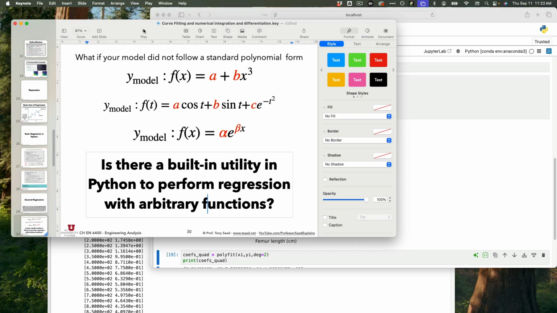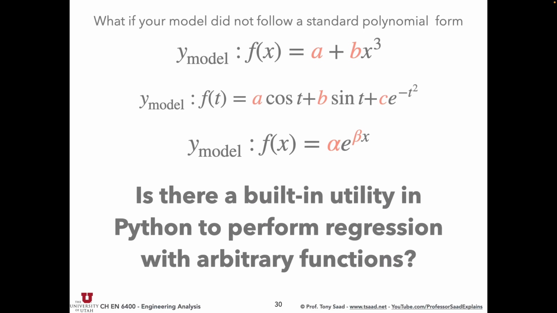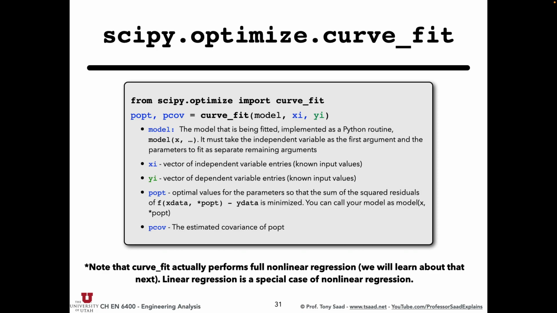Okay? Arbitrary functions. Yes, there is, thankfully. And that routine, that utility from Python is curve-fit. Curve-fit is a general regression methodology. It handles both linear and nonlinear models for regression. It handles everything, really.